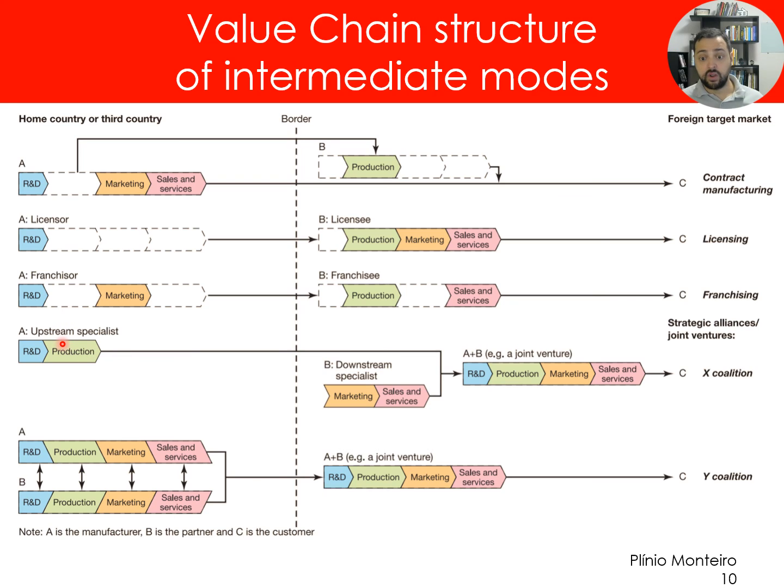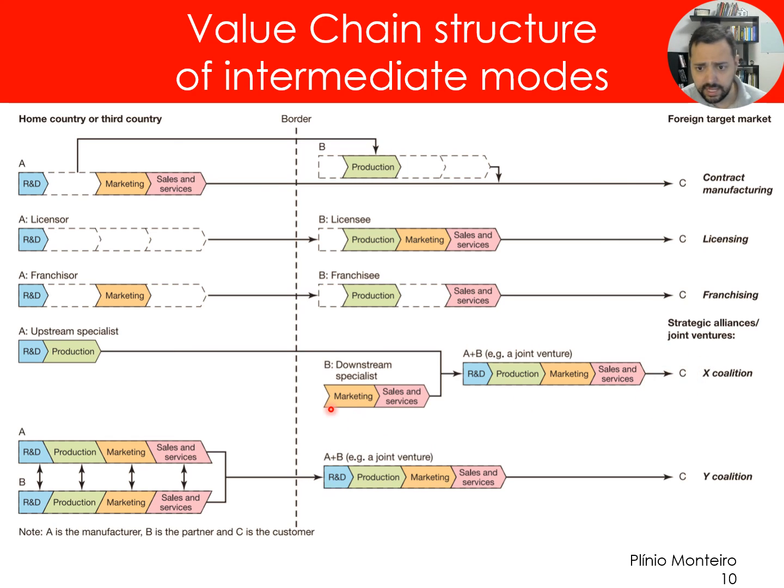And then you have either a strategic alliance or a joint venture with a downstream specialist, basically a company that is focused on marketing and sales. Joining together in this X coalition, you have this joint venture or partnership to join the strengths of the upstream and downstream specialists to reach a specific target market.